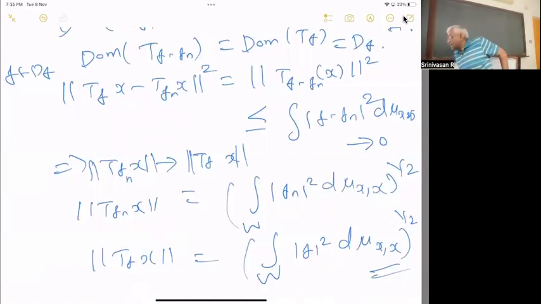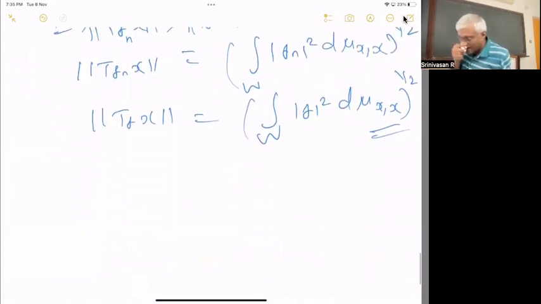It's easy to prove that Tf bar is contained in Tf star. You have to prove the inner product condition. Let me write it.